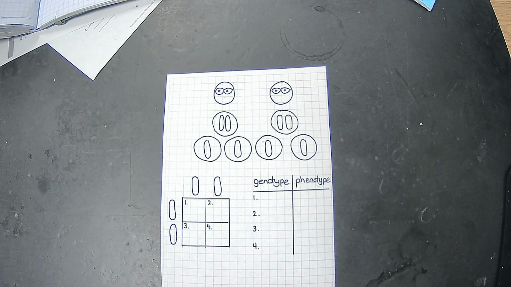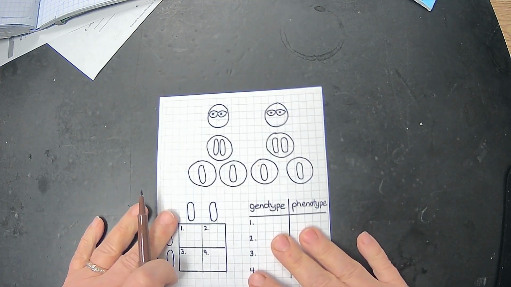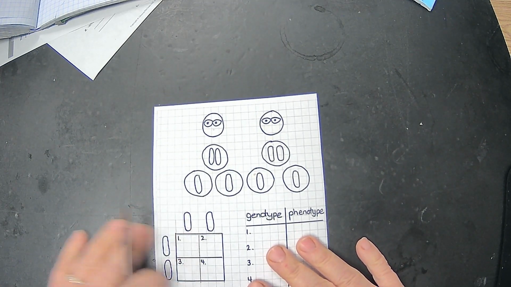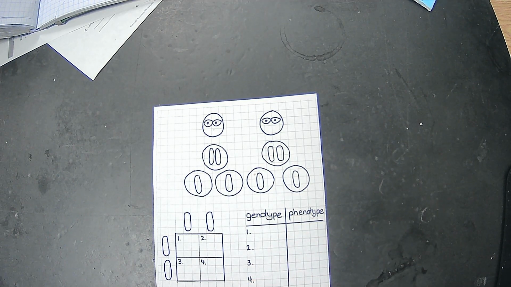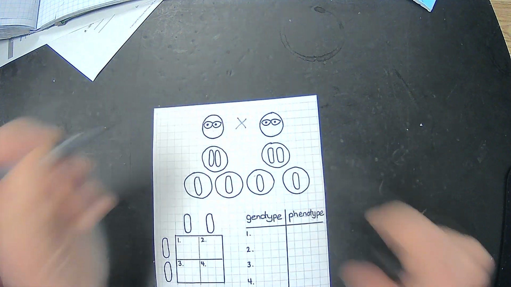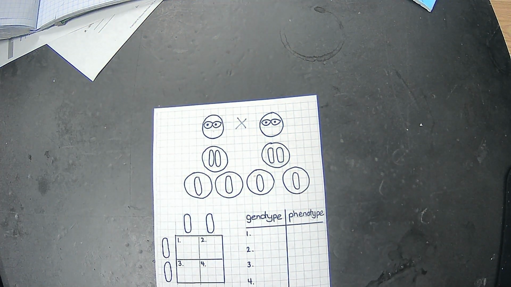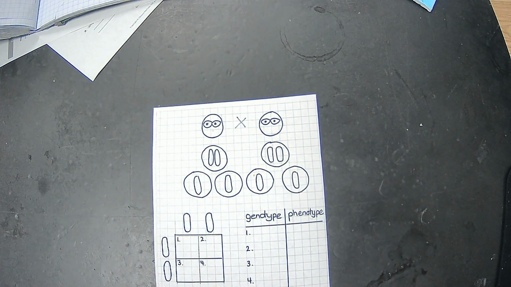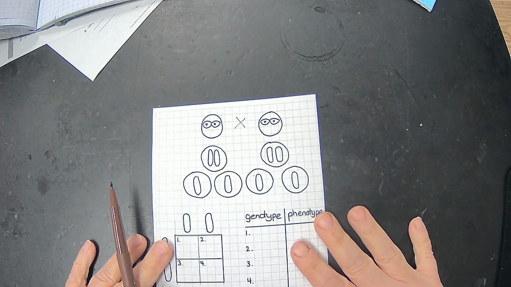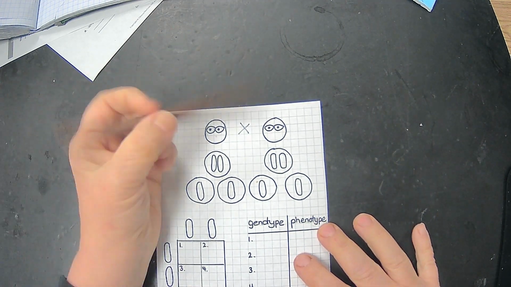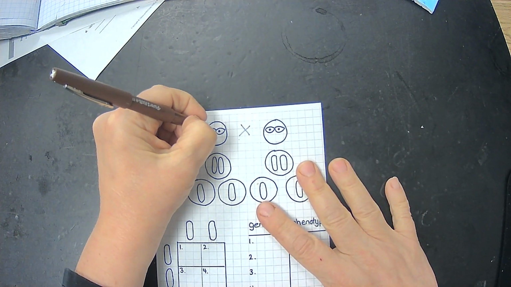That way you don't miss a step and it kind of makes sense. So I've got two people here, and these two people are going to have babies together. So that X there means that they mate or they breed or they cross-pollinate or whatever type of organism it is, and they have offspring.